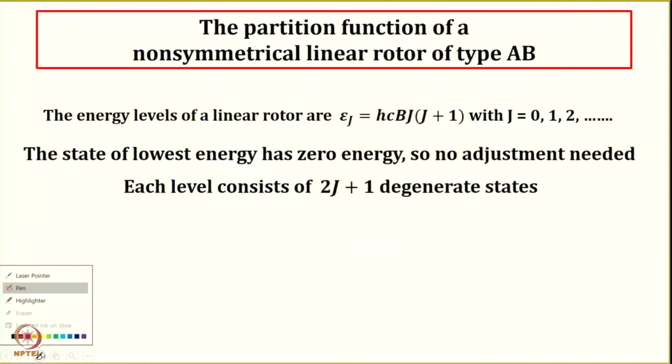First let us talk about the non-symmetrical linear rotor. When I say a non-symmetrical linear rotor, I am talking about type AB. Type AB molecules can be HCl, HBr, carbon monoxide, right? So these are non-symmetrical linear rotors.